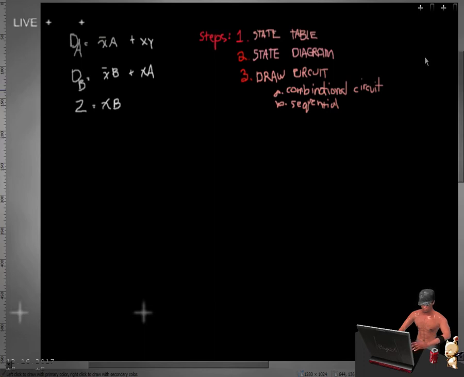We're going to have the inputs X and Y. Let's just color it white. Here we go. We're going to have our inputs, X and Y. We're going to have our present states.